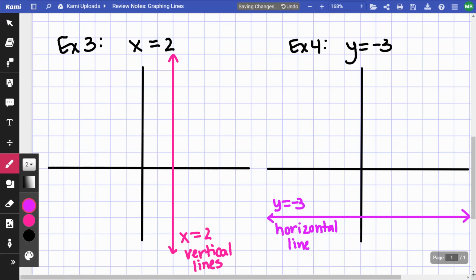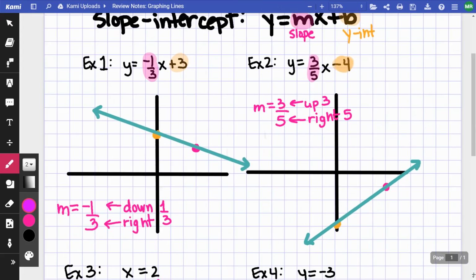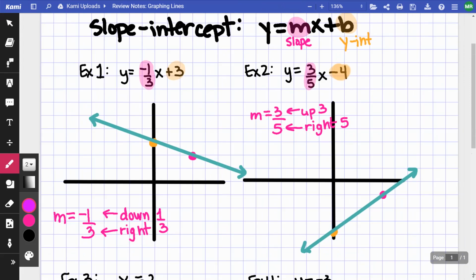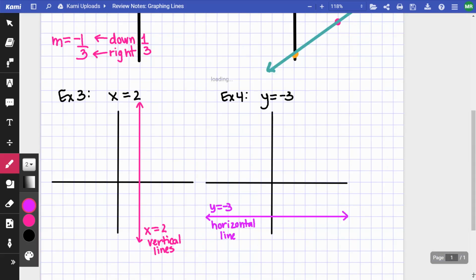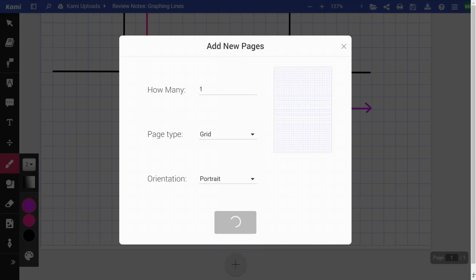So we've talked about vertical lines, which are x equal, horizontal lines, which are y equal, and lines that are in the slope-intercept form, y equal mx plus b. And then we're going to talk about ones that are in what we call standard form. So let me just add an extra page.